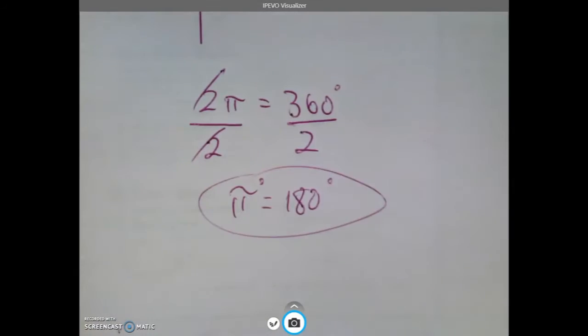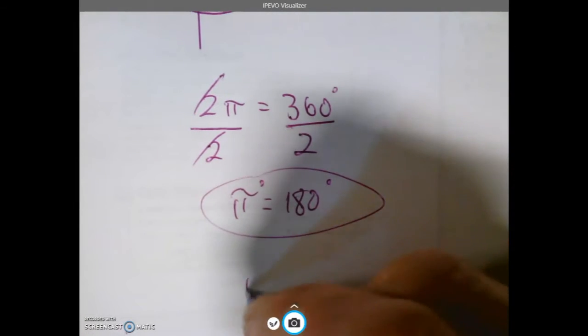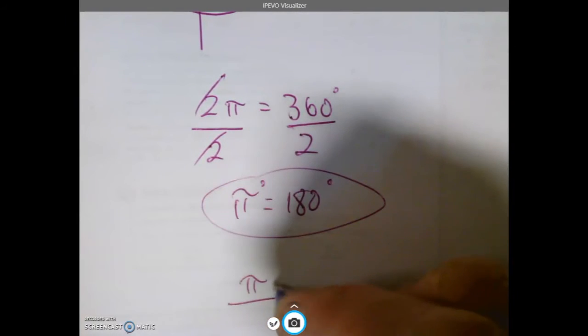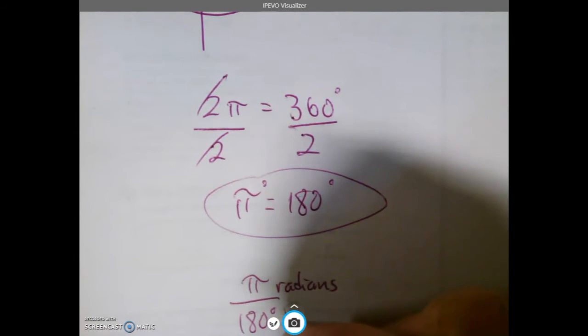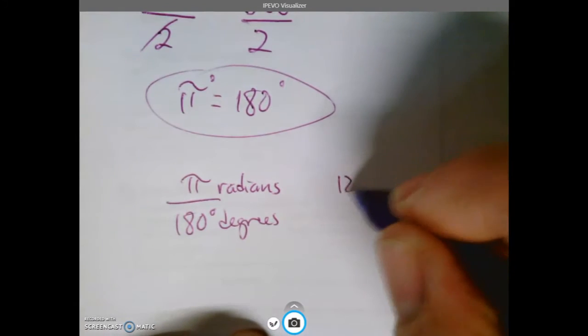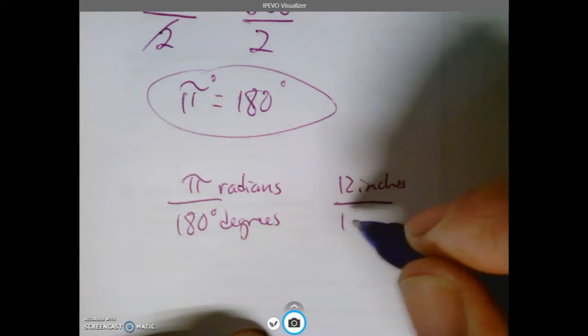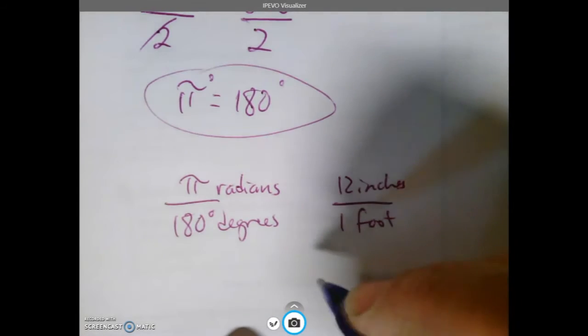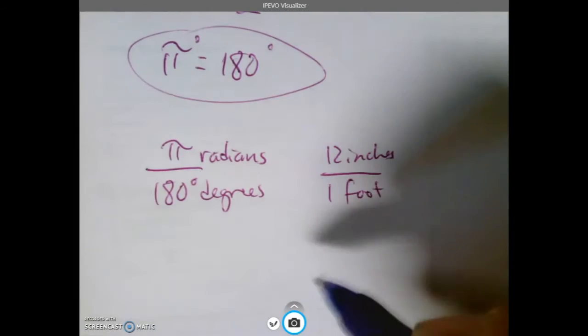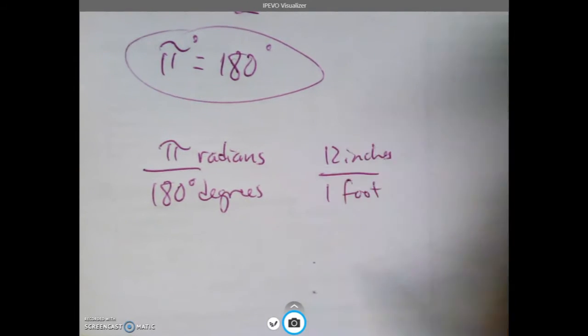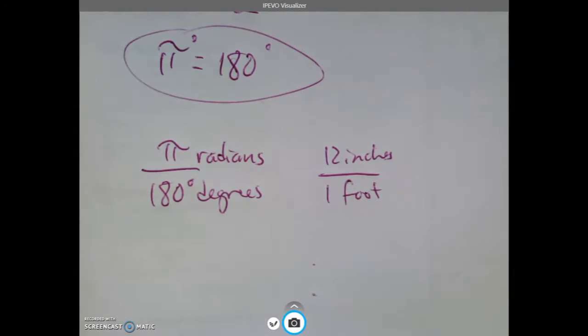So how does that work? Well, pi is the same as 180, so saying pi radians to 180 degrees is exactly the same as saying 12 inches is 1 foot, or how many ounces in a gallon, or whatever it is.